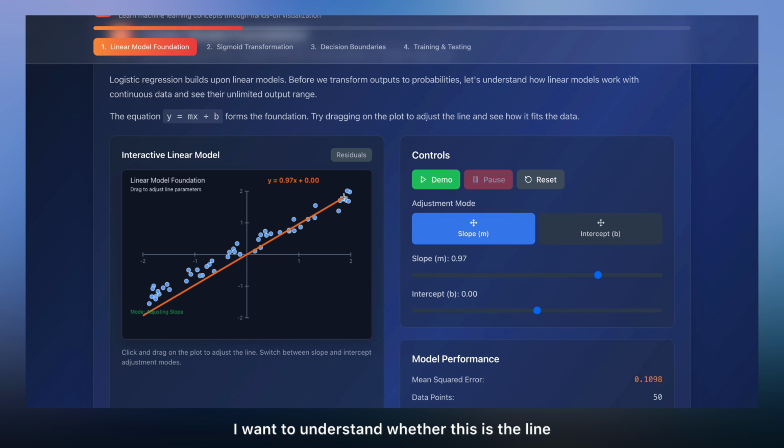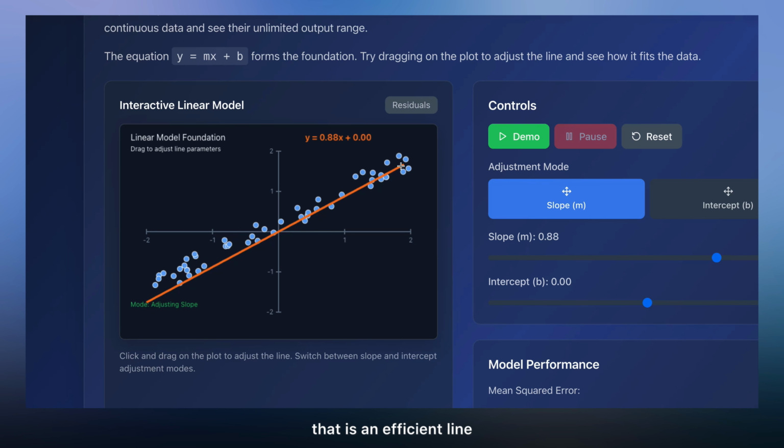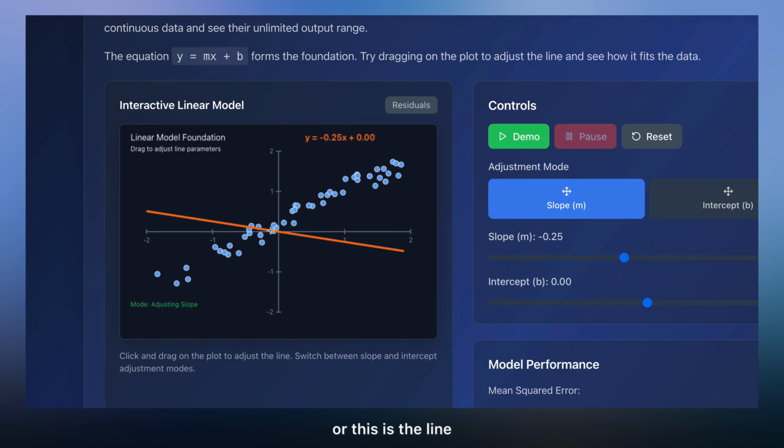I want to understand whether this is an efficient line, or some other line is an efficient line, right? I need a quantifiable metric to define the error, or the cost, the performance of the line, right?